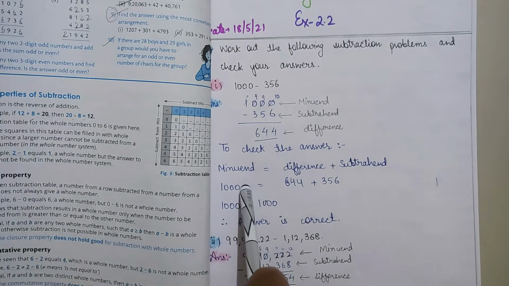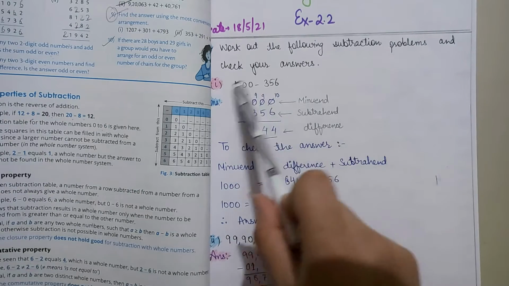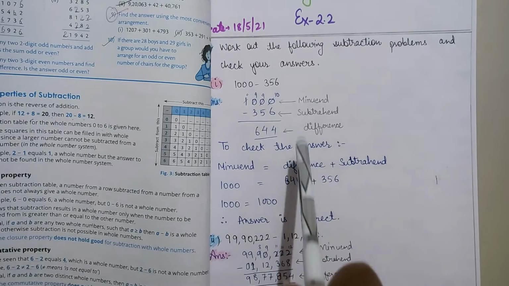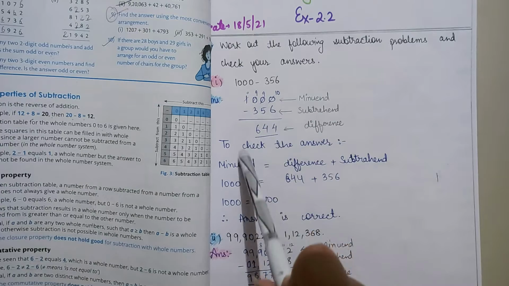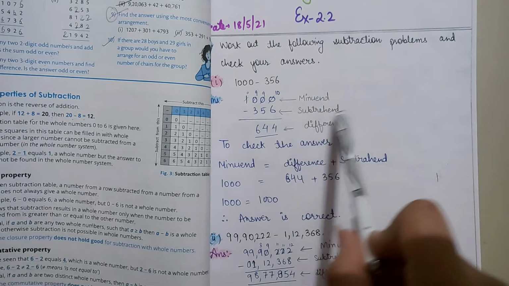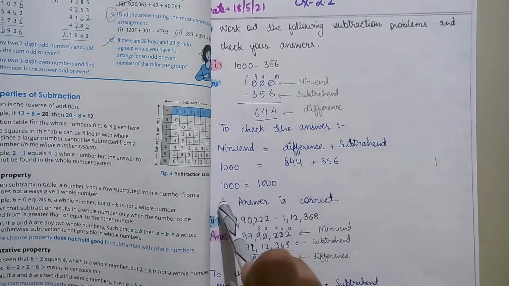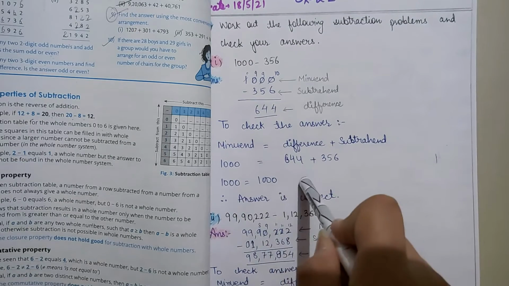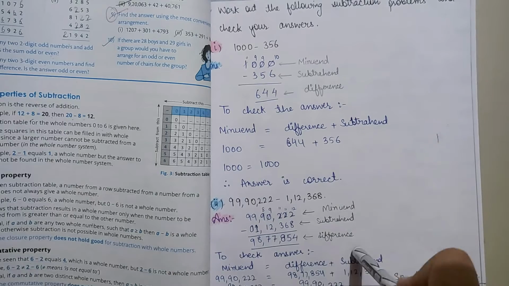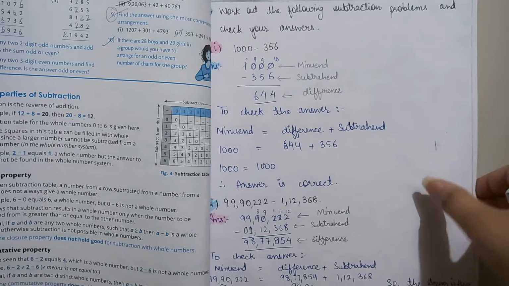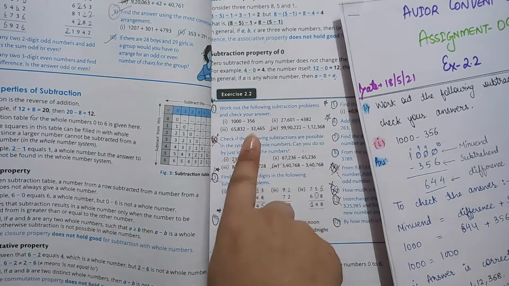Firstly put the value of minuend. What is minuend in this question? That is 1000. What is difference? It is 644. And what is subtrahend? It is 356. Simply put all the values, 1000 this side and 1000 that side, which means our answer is correct. Similarly you have to do the rest of the parts.